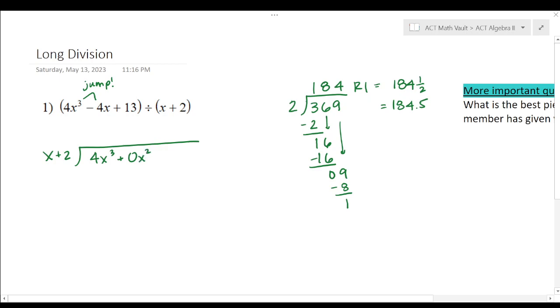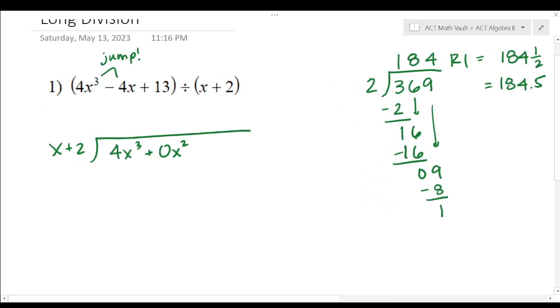You see, this is the hundreds lane, the tens lane, the ones lane. We need to make sure everything is very organized, otherwise it'll be hard to tell what the final answer is. We have a 0x squared minus 4x plus 13.